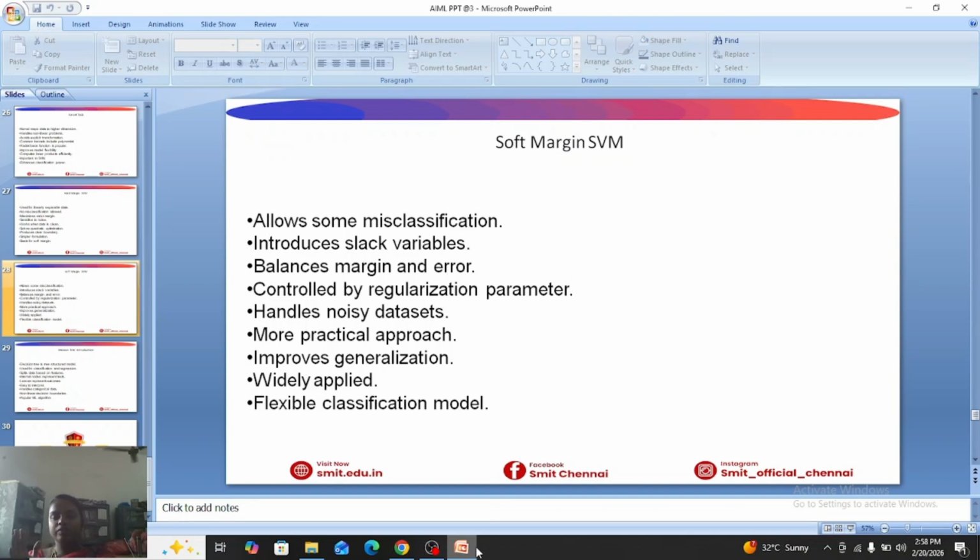Moving on to soft margin SVM, which allows some misclassification, introduces slack variables, balances margin and error, controlled by regularization parameter, handles noisy datasets, more practical approach, improves generalization, widely applied, and flexible classification models.